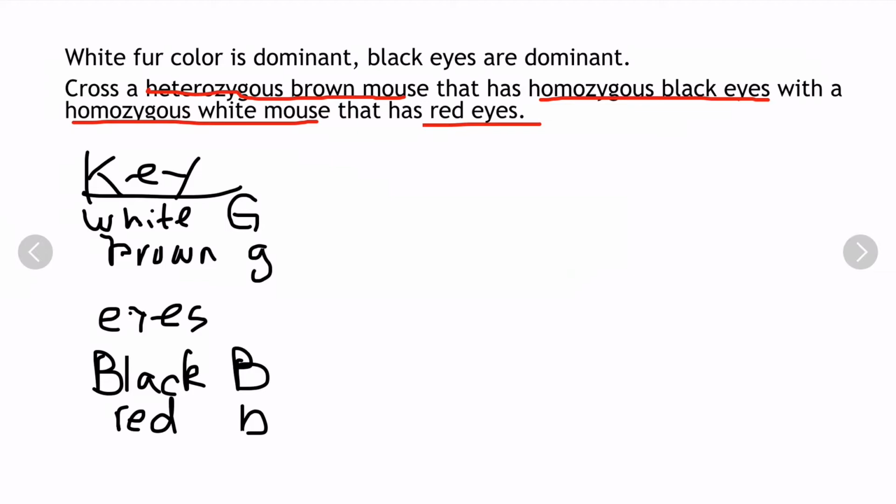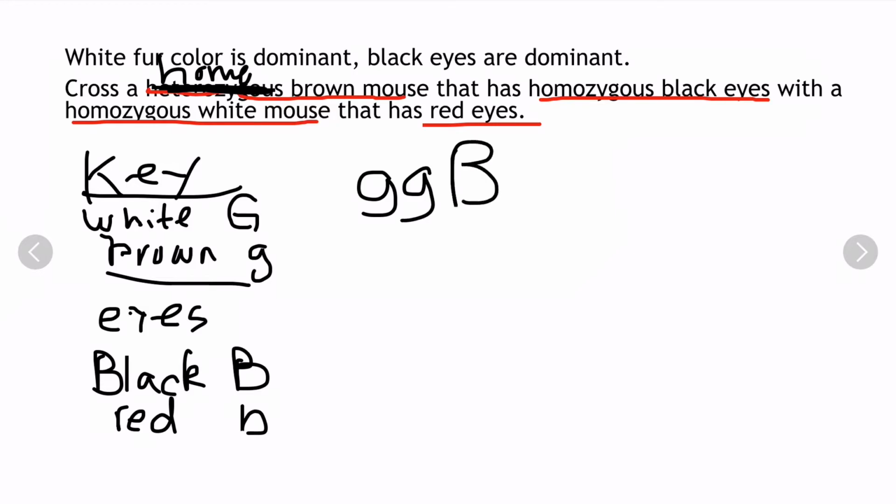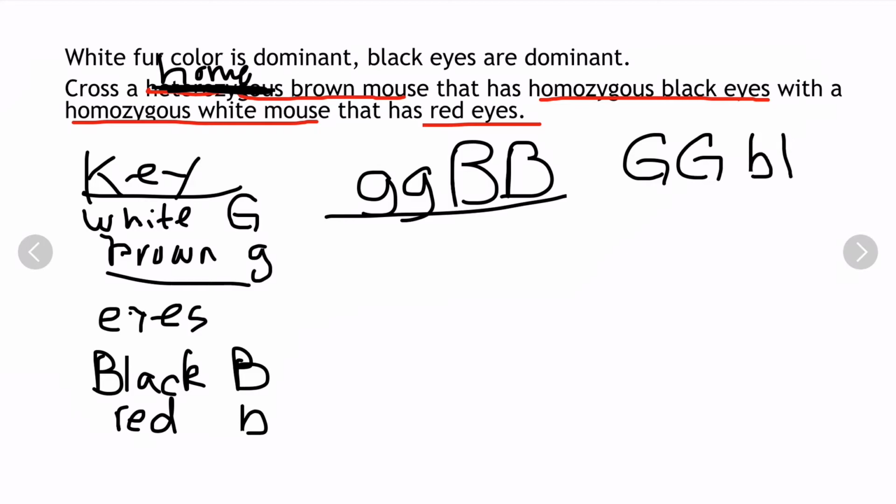So let's say we have a homozygous brown mouse, and the homozygous brown mouse would have little g because it's a recessive trait, and it has homozygous black eyes, which is capital big B, big B. That's parent 1 genotype. Homozygous white mouse, white is dominant, big G, has red eyes. Red eyes are recessive, so it'd have to have little b.